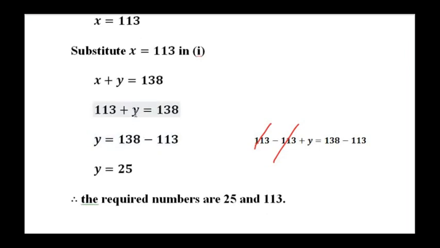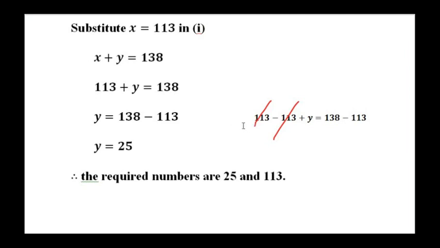To find the value of y, I will subtract 113 from both sides of this equation. So this equation becomes positive 113 negative 113 plus y equals 138 negative 113. We know that positive 113 and negative 113 will cancel out.